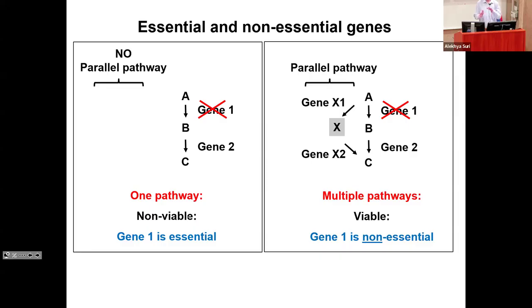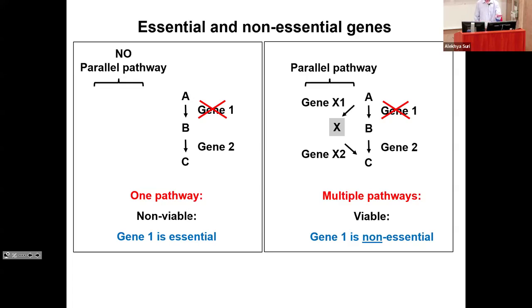Since there is another pathway, when you knock out gene 1, you see it's viable. You can extend this. There could be one other pathway, there could be 2, 3, whatever.